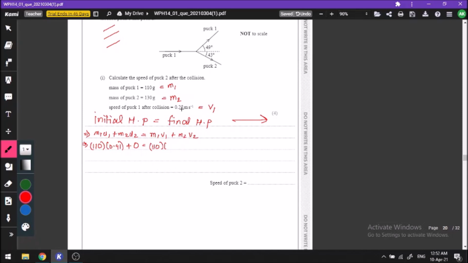But the component of the velocity in the horizontal direction was 0.28 into cos 49. Remember that we have to take the horizontal component of this velocity, since we're conserving the horizontal momentum only. Now m2, the mass of the second puck, is 130, and the final velocity, that is what we're actually finding, v2. We also have to take the horizontal component, so cos 43.